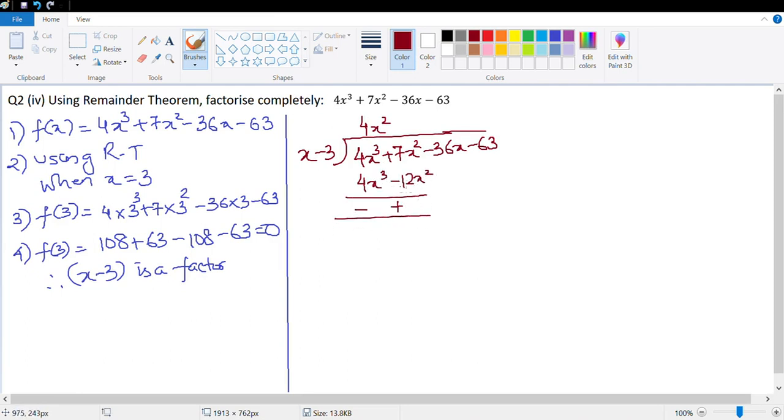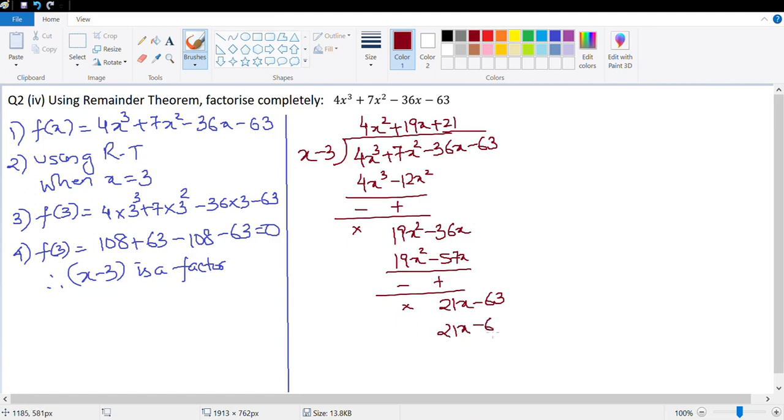Subtract, the sign changes. 7 plus 12, that's 19x squared minus 36x. Multiply this with 19x. That gives me 19x squared, 19 into 3, that's negative 57x. Subtract, the sign changes. This is 0. Negative 36 plus 57, that's 21x minus 63. So we'll multiply this with plus 21. This will give us 21x minus 63.